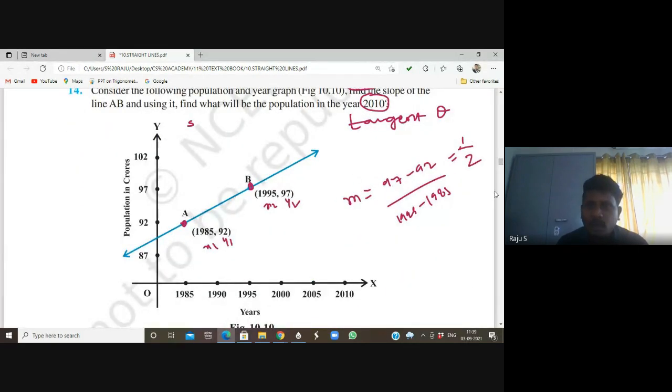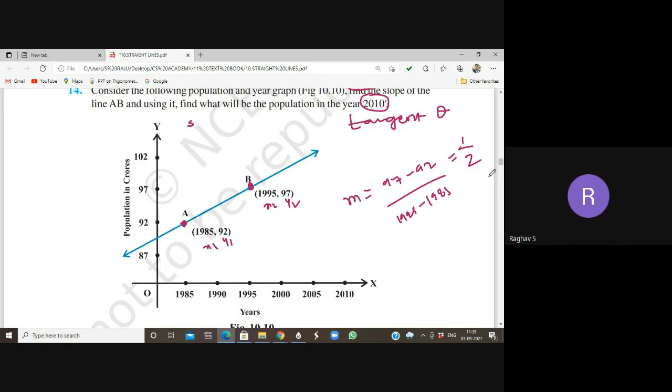Here we got 1 by 2 as the slope. And after that, sir, 1 by 2, m equal to (y3 minus 97) by (2010 minus 1995).